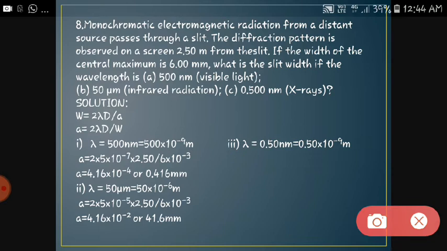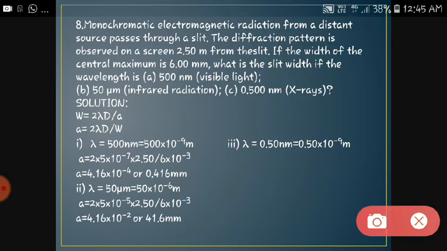If the width of the central maximum is 6 millimeter, W is given, what is the slit width if the wavelength is 500 nanometer, 50 micrometer and 0.500 nanometer? That we are going to calculate. Different lambdas are given. Actually the lambda value is the same, just the difference in unit, so it will change accordingly.